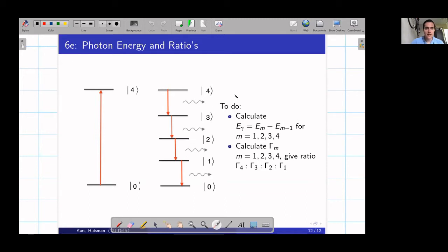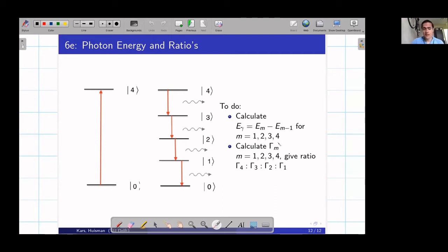And we're asked to calculate photon energies. All these photon energies here, you must calculate. So it's just given by the difference of energies between these two levels. So what that means is you calculate E_m minus 1 for m is 1, 2, 3, 4.